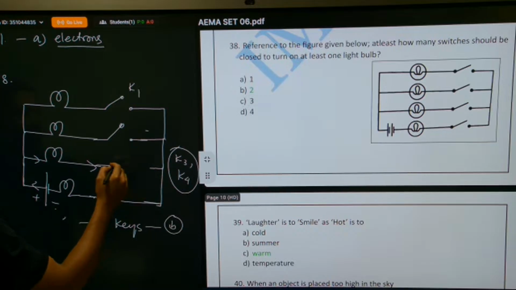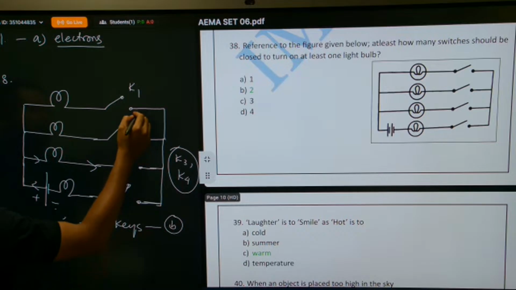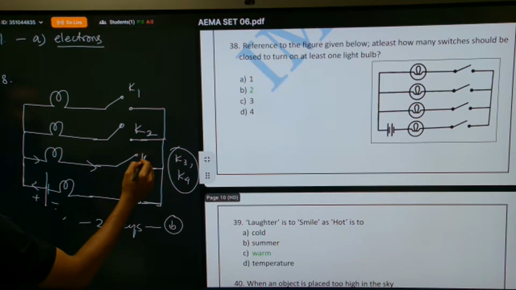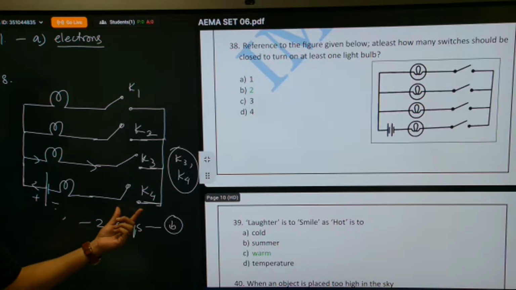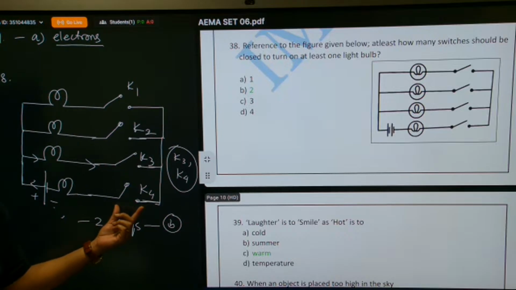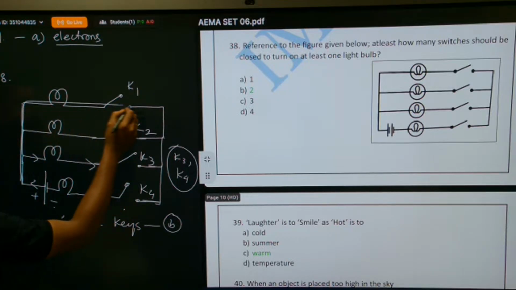Let's look, just look. K1, K2, K3 and K4. One of the essential conditions to have current in the circuit is that K4 has to be connected. Now if you connect K4 and K1, the current would only flow in this circuit.